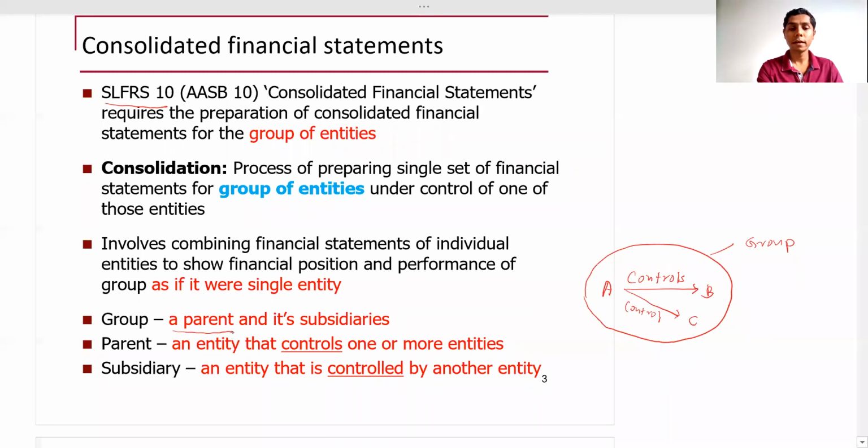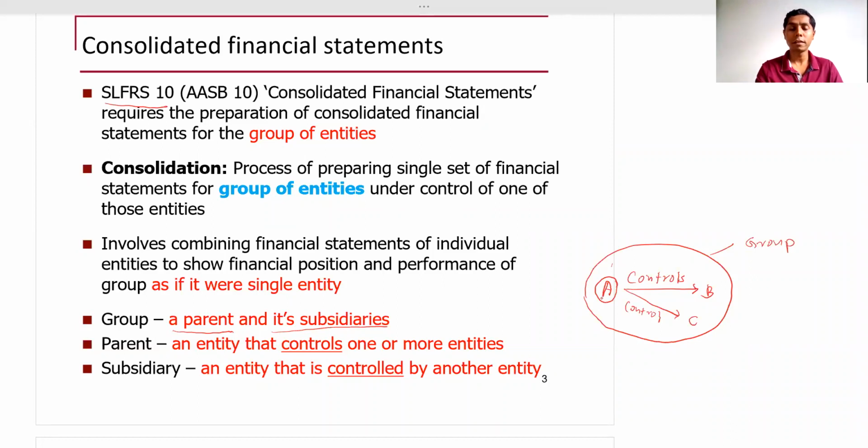A parent and all its subsidiaries. Who is the parent? The parent is the entity which controls the other entities. Very simple.